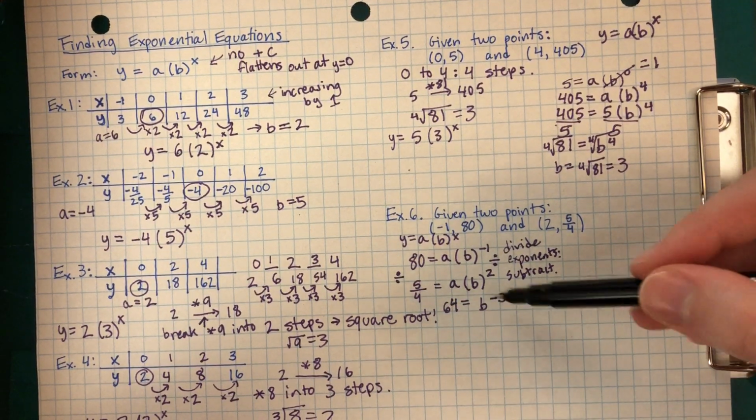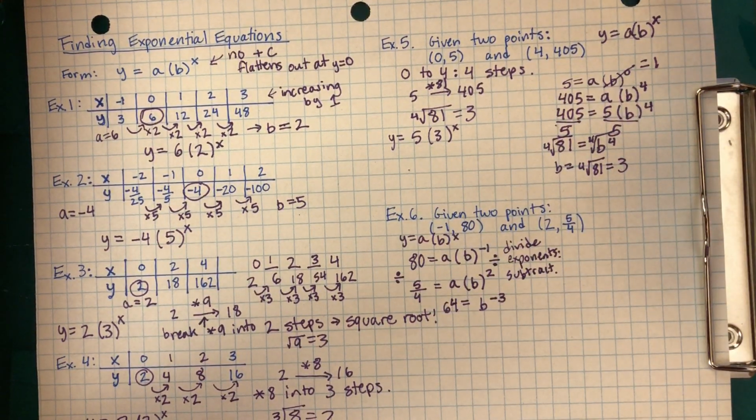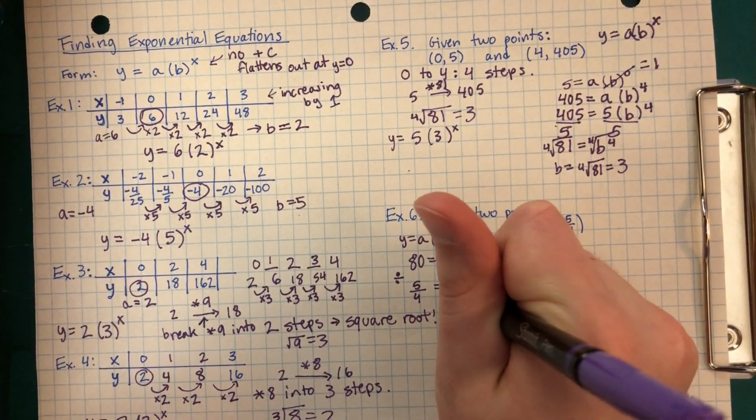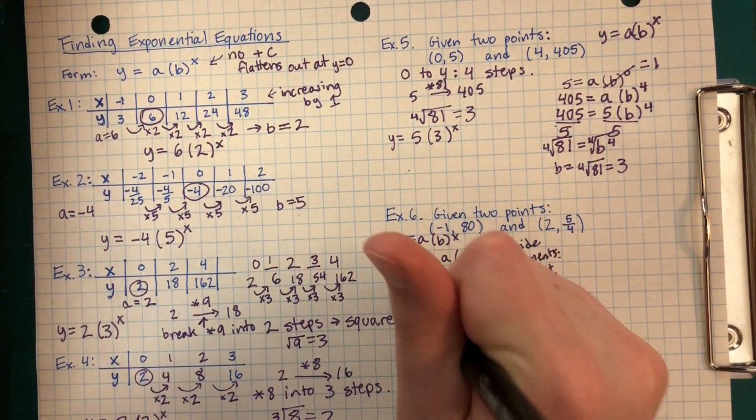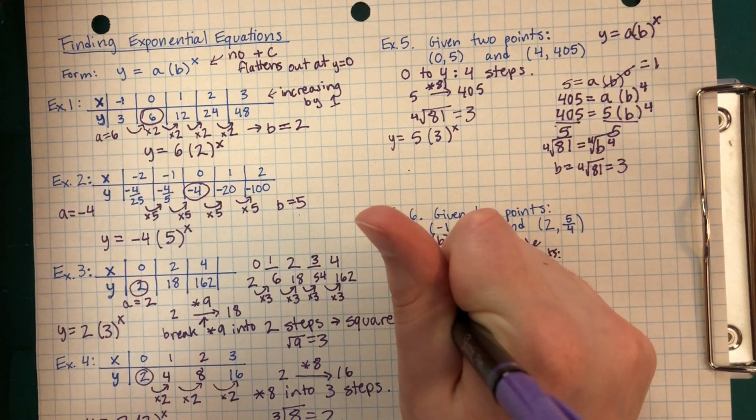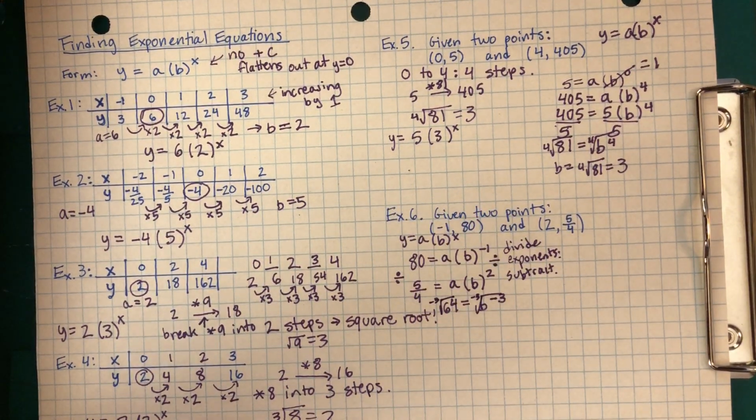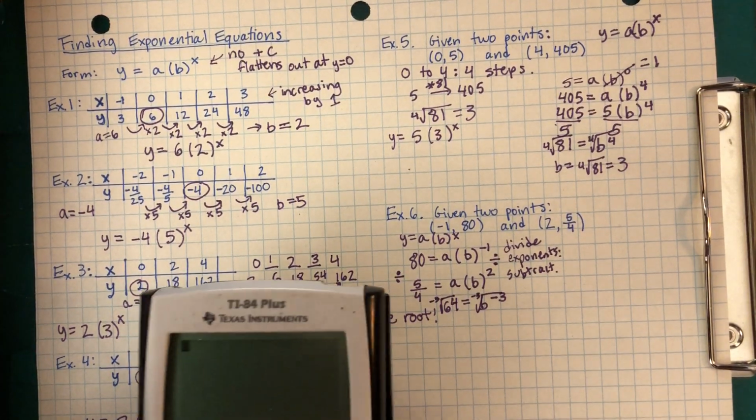Now I need to solve this for b. It's kind of a silly way to do it, but we can do a negative 3 root of 64. You could do it in a couple of steps also, but I think this is fine.